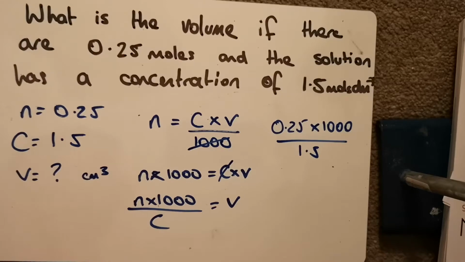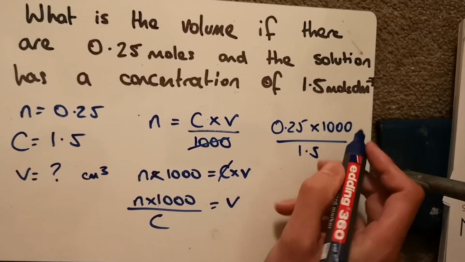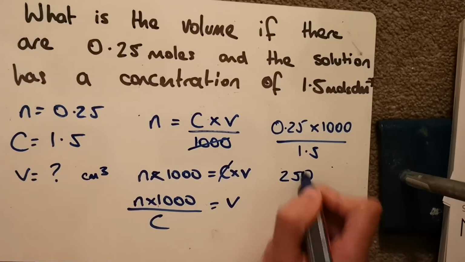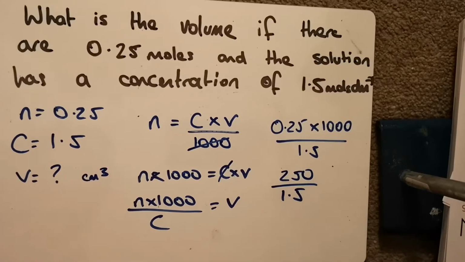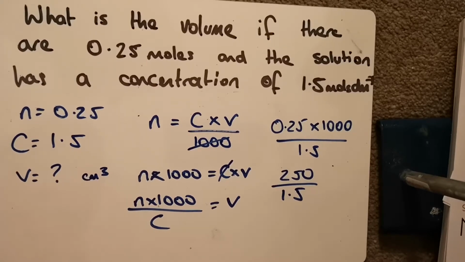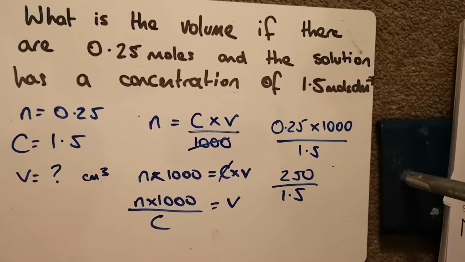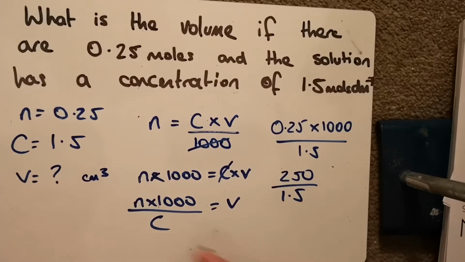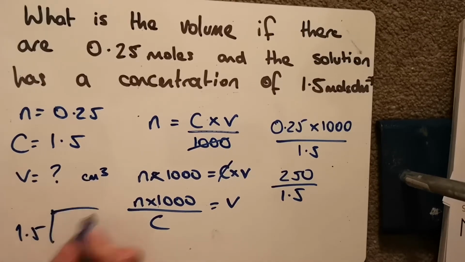This is where I wish I had a calculator. 0.25 is going to be 250 over 1.5. Oh, I don't have a calculator, so I'm going to do it old school.